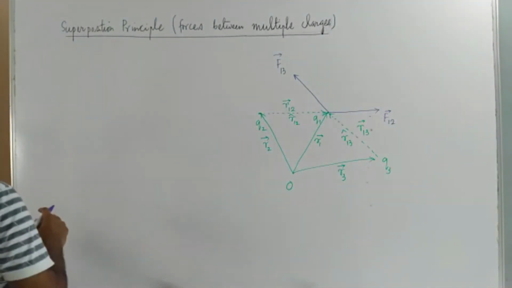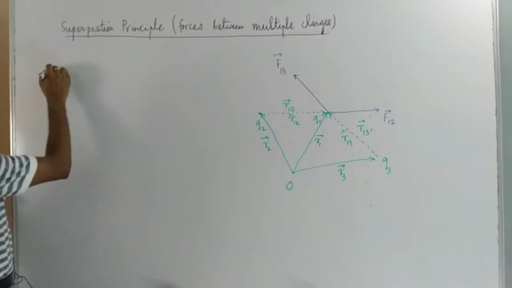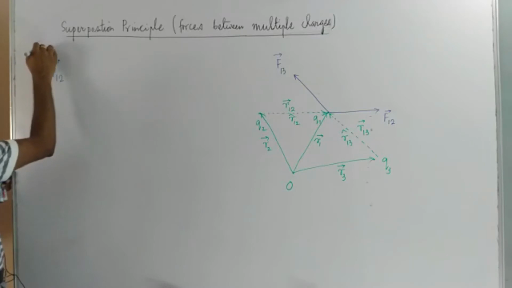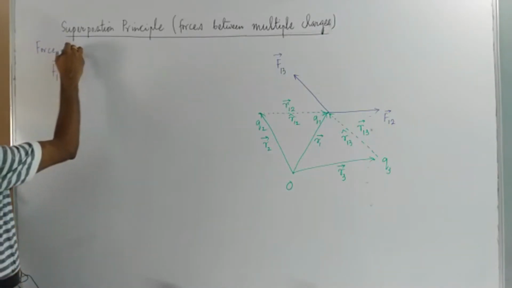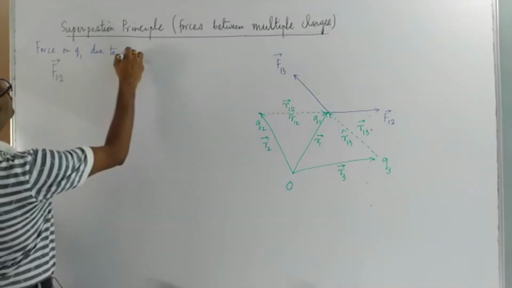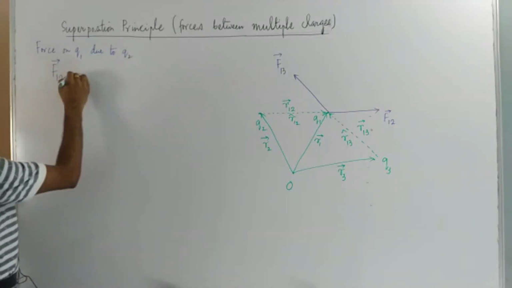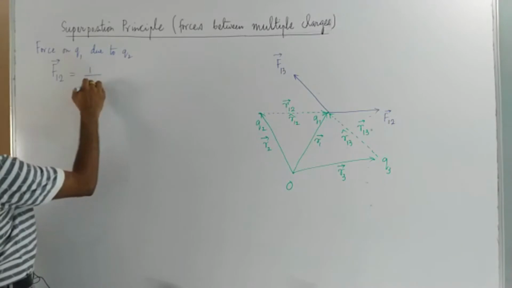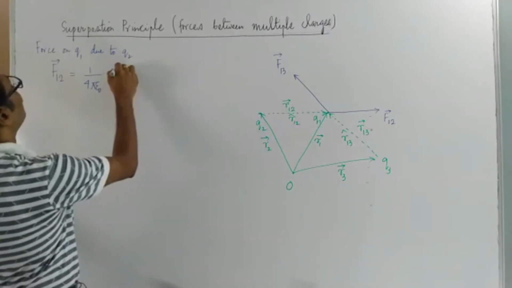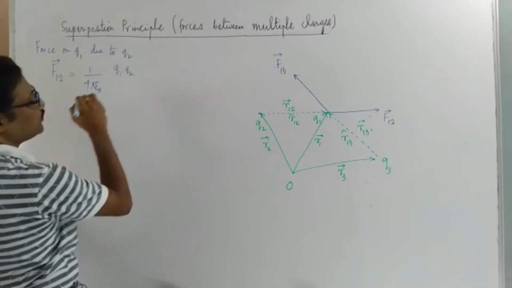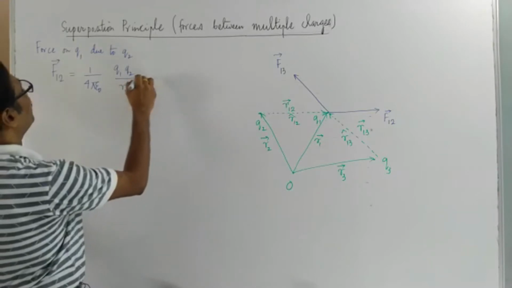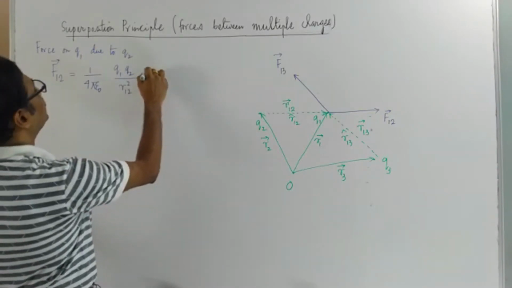So we can easily say that the force on Q1 due to Q2, F12, is equal to 1 by 4 pi epsilon 0 Q1 Q2 divided by R12 square R12 cap.